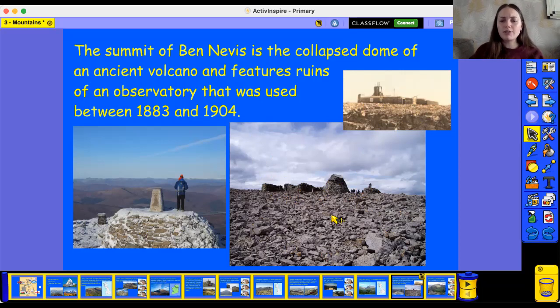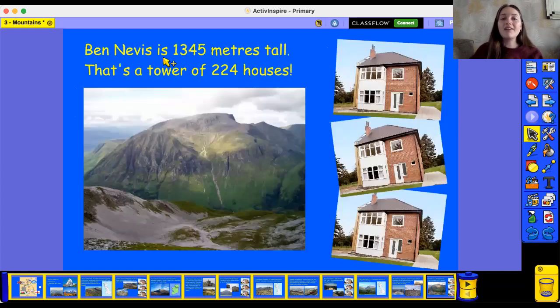What's the mountain called? Ben Nevis, well done. And where is Ben Nevis? In Scotland, fantastic. Ben Nevis is 1,345 metres tall. That's a big number. Let's practice saying that. 1,345.